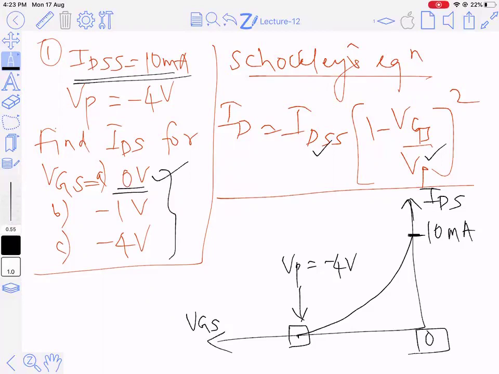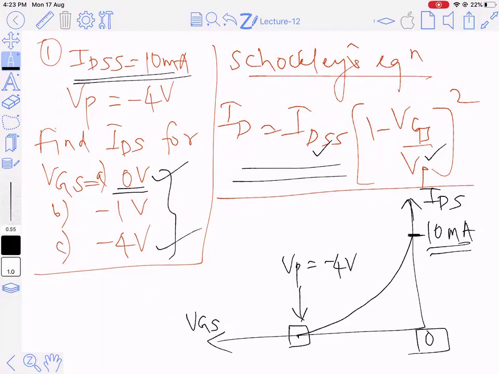So can you tell me the first answer? When VGS is 0, you have 10 milliampere. If you substitute VGS as 0, 1 minus 0, the whole square is 1, so ID is 10 milliamperes straight away.